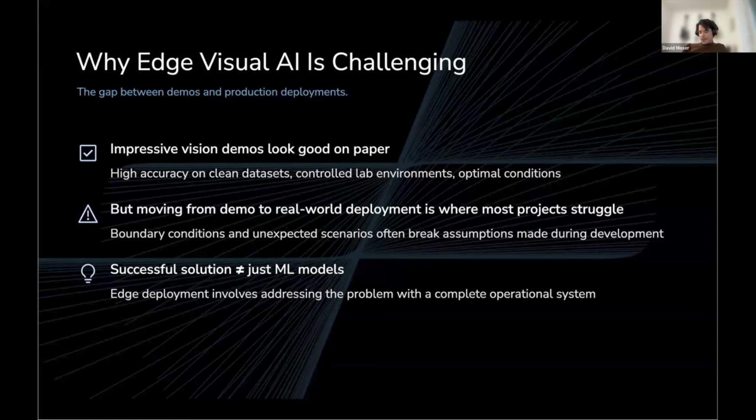Another thing which is also very important in my opinion to address here is that a successful solution is not just the ML model alone. I say this because ML models, deep neural networks and so on, get a lot of attention, right? But they are very much embedded in the software and they are one part. In a vision pipeline, they are just one element.